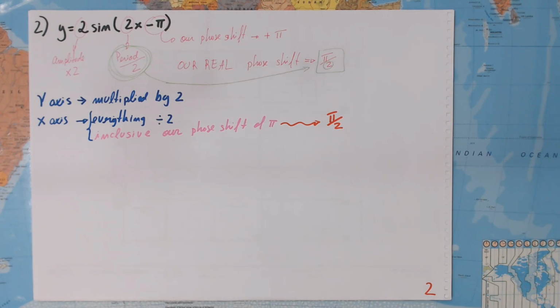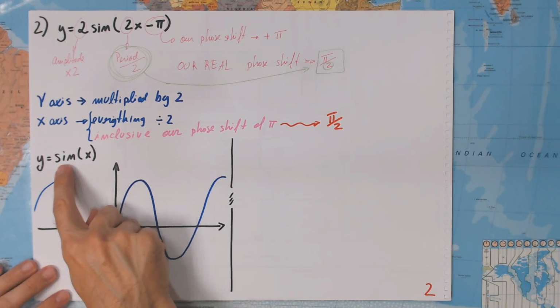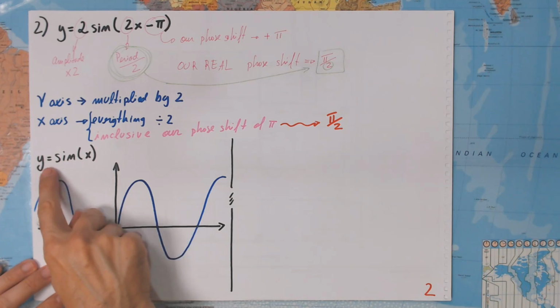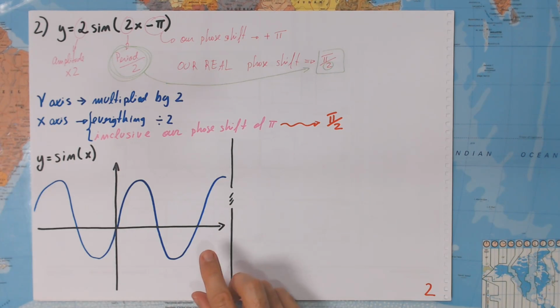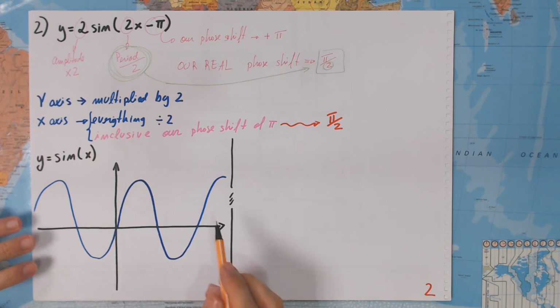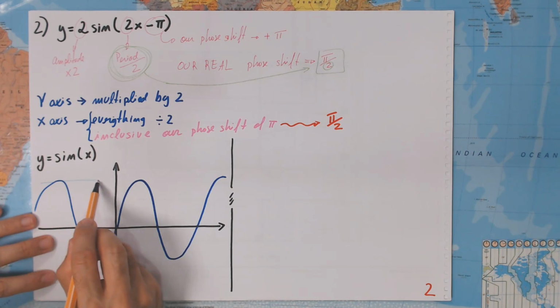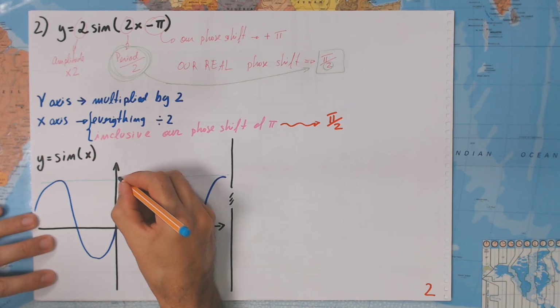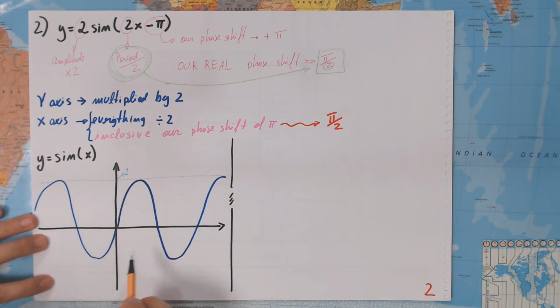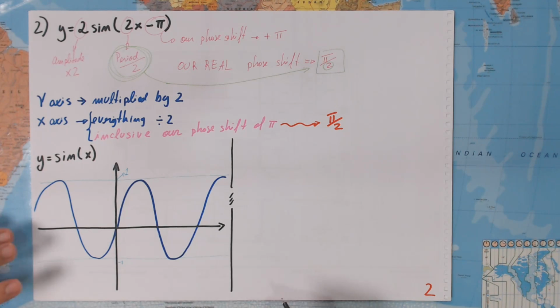Now let's suppose this is our sine of x. It's not very well drawn, but it's not the point in here. This is going to be 1, okay? And this is going to be minus 1. Let's put the points in here.